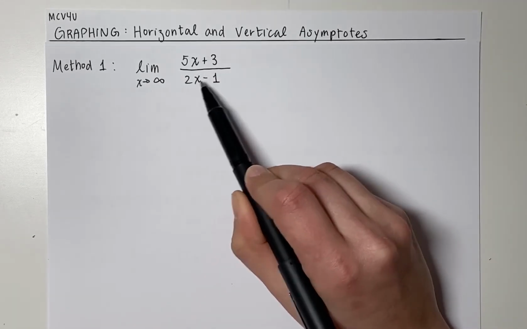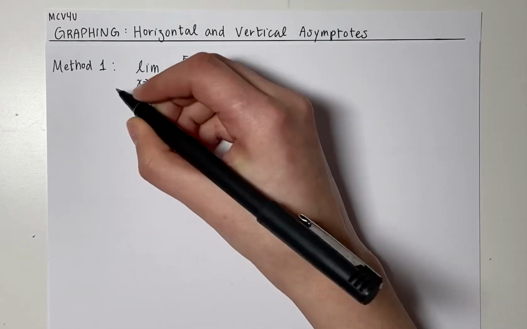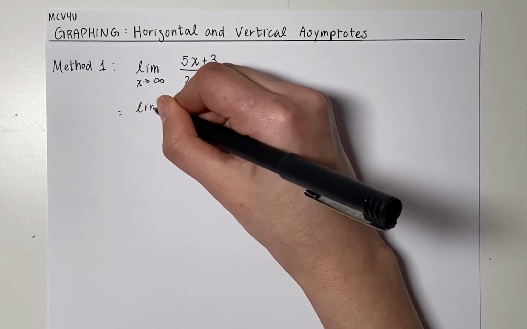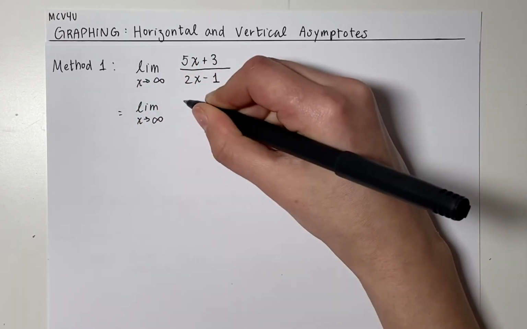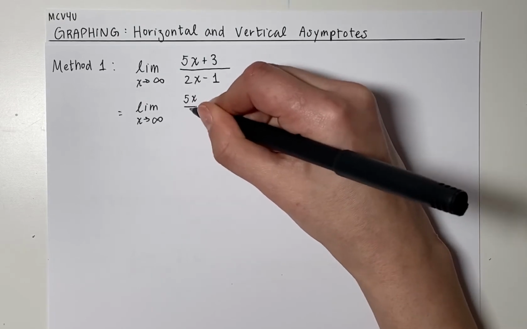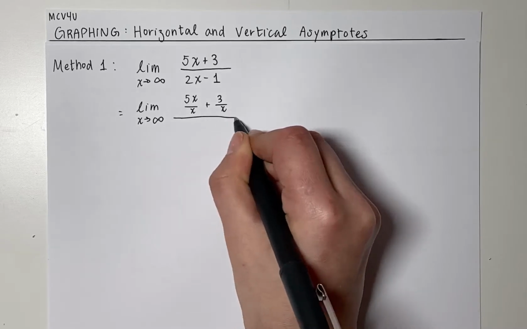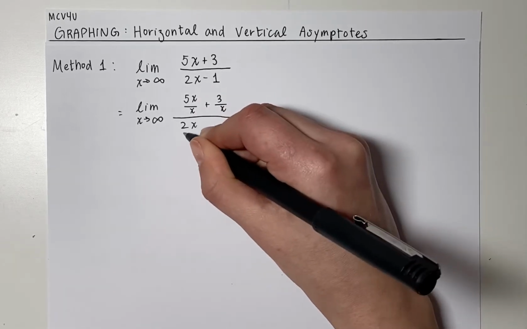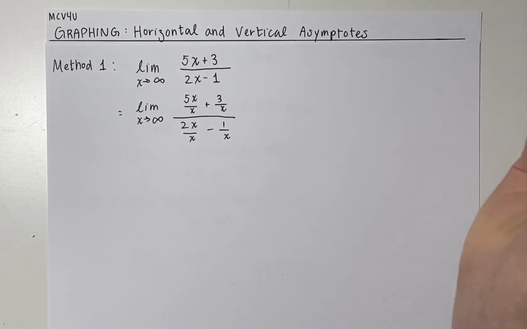In the denominator, the highest power of x is x to the power of 1. So we're going to divide the numerator and the denominator by x. So that's 5x over x plus 3 over x, all of that over 2x over x minus 1 over x.